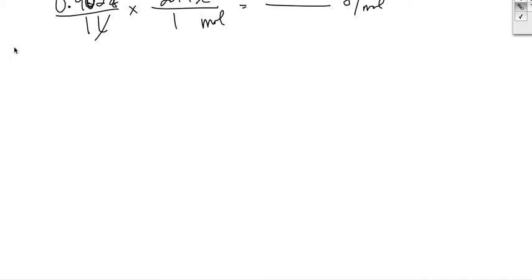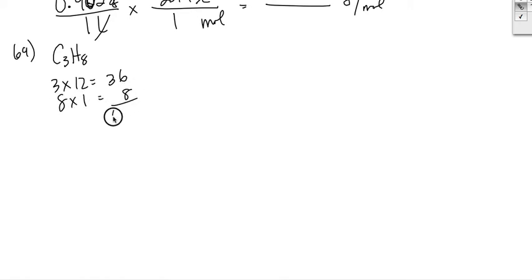Okay, 69. Now we're going to do the opposite of what we just did in 68. It says, what is the density of the following gases at STP? So, C3H8, I'm going to find the molar mass. So I've got my 3 carbons, that's 36, my 8 hydrogens, that's another 8. So that's a total of 44 grams per mole.